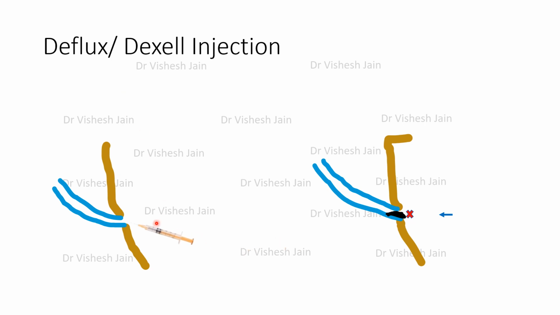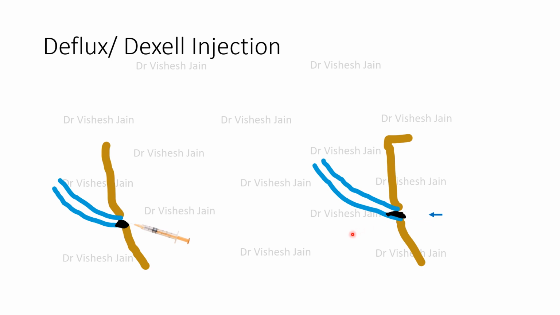This procedure is carried out as a daycare procedure in which no incision is given, and through an endoscope this bulking agent is injected with a particular technique at the junction of the ureters and the bladder. Once that happens, it does not allow the urine to go back into the ureters.